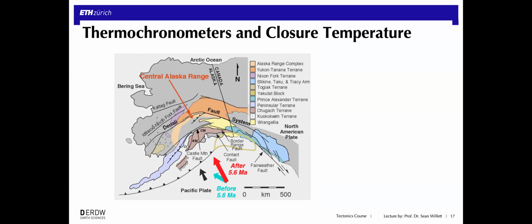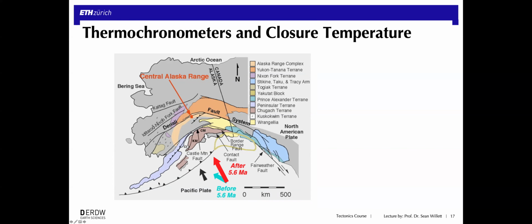And I'll just bring in this one tectonic map, which is showing where these data were collected from. Mount Denali is somewhere around here. This is the Alaska Range in here. This is being uplifted because of motion along the Denali fault system, which is a large strike-slip fault system that's coming up here.